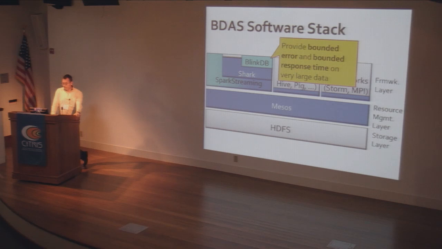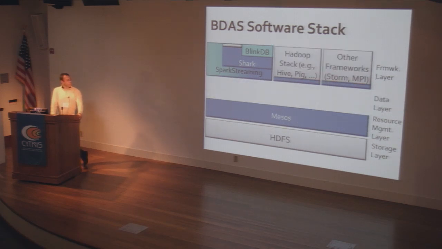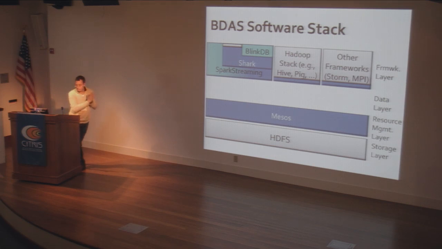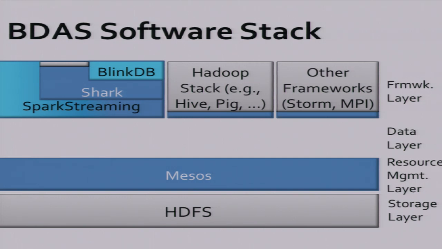Okay. Finally, as I said, Mesos allows multiple frameworks to share the cluster resources as well as data stored in HDFS. However, as I mentioned before, we believe that other storage media, such as memory, will play an increasingly important role in our stack.